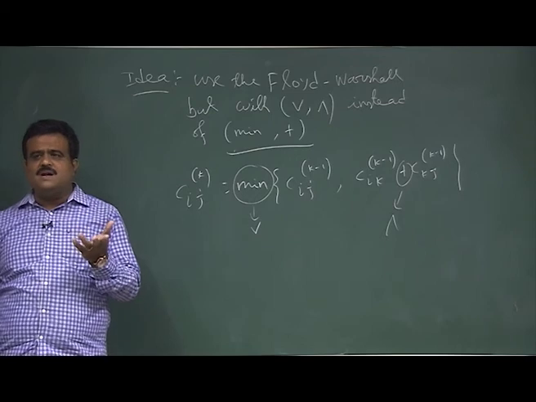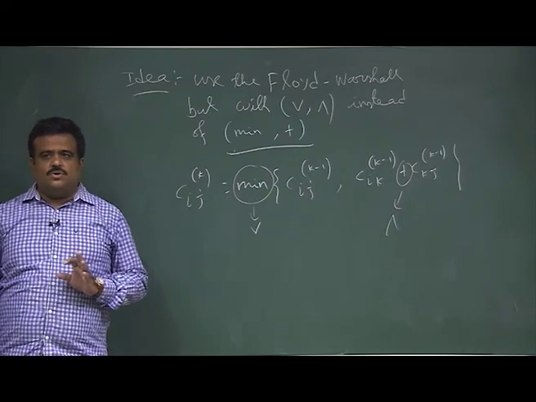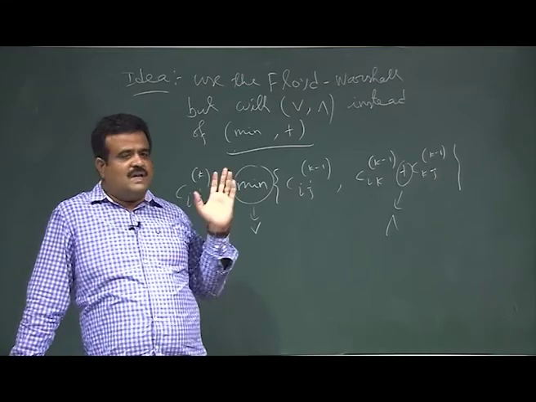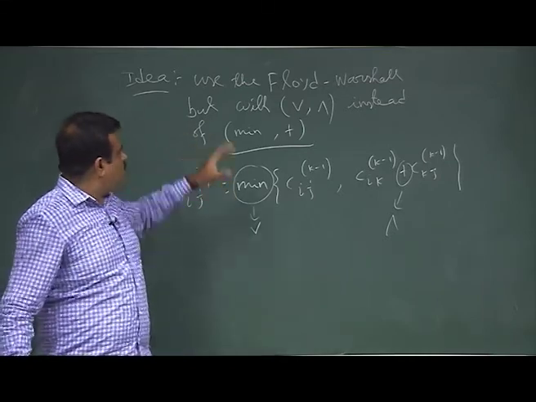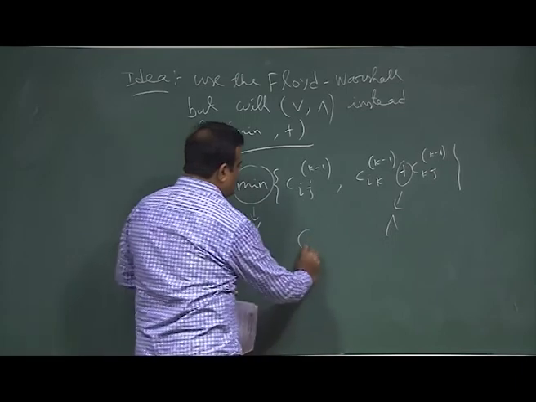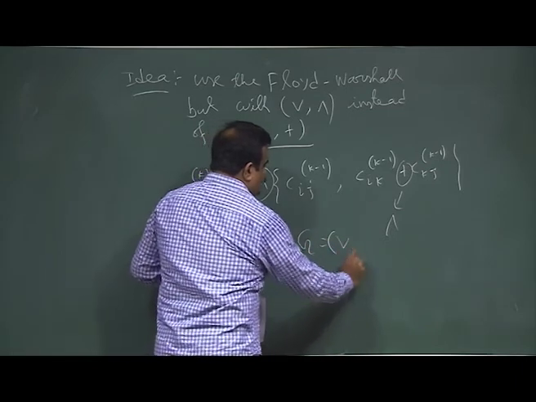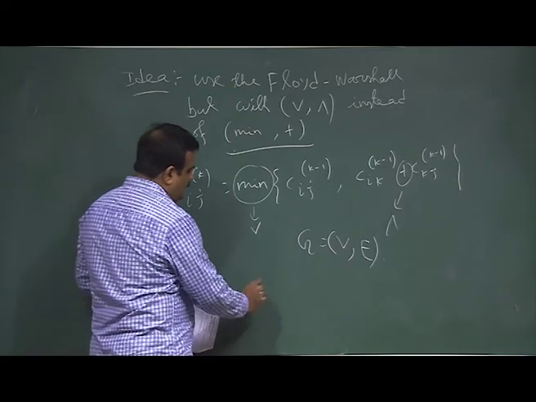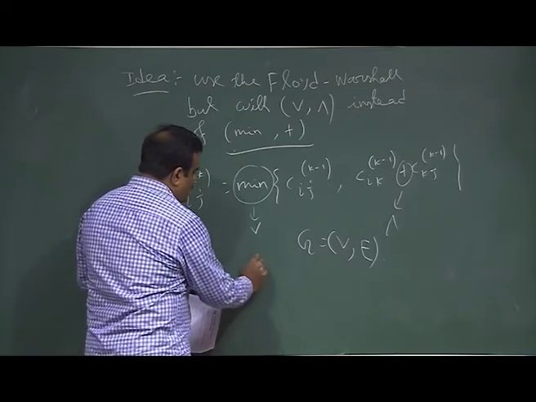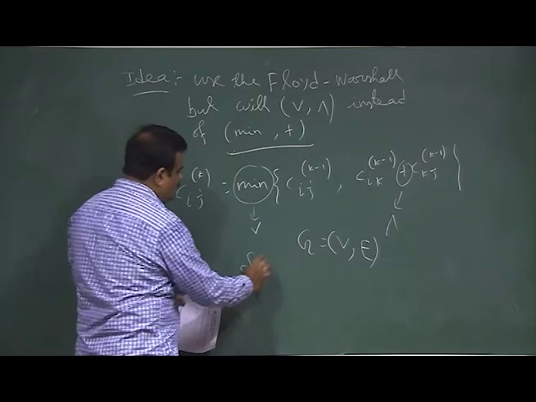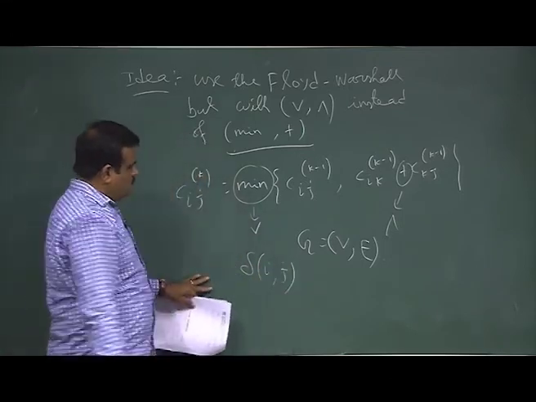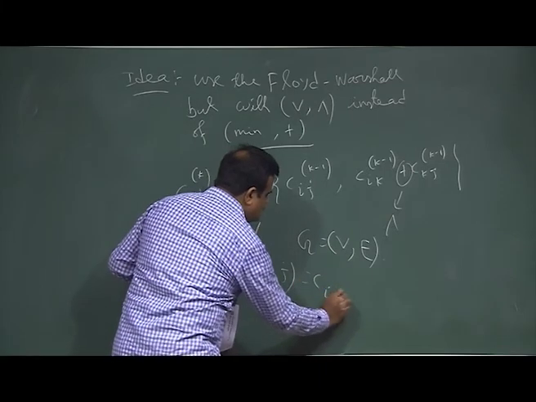So, either present or absent. It is as if we are not concerned about the weight of the graph. We are given a graph G which is (V, E). Floyd-Warshall will find delta ij, which is basically Cij.